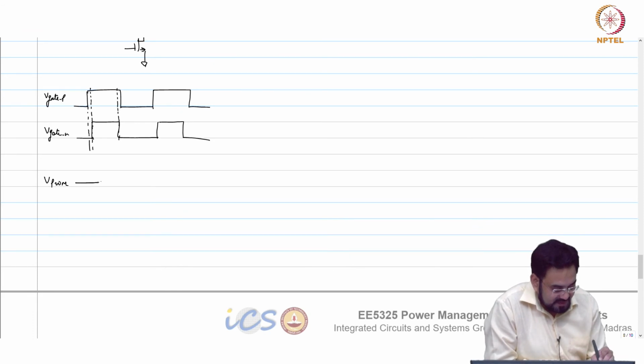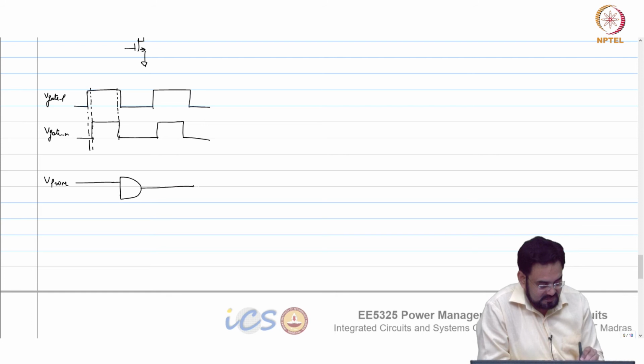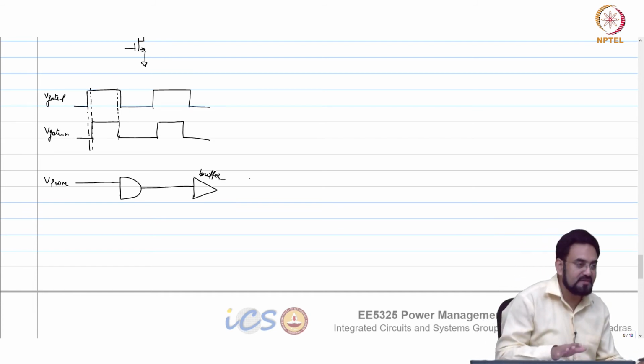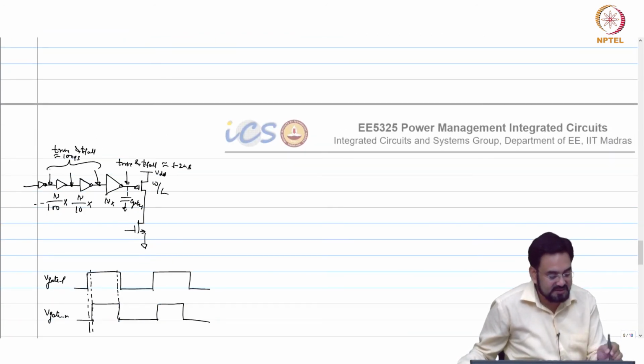So we get a VPWM, and then this is my buffer. I am only drawing a buffer here, and you can assume that this buffer is implemented using this chain of inverters.